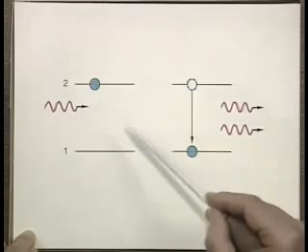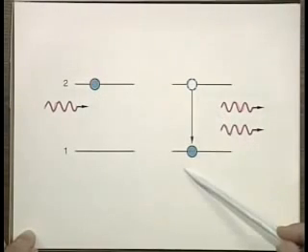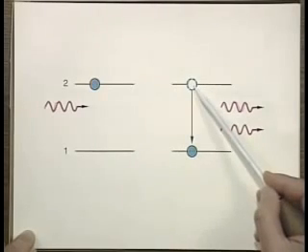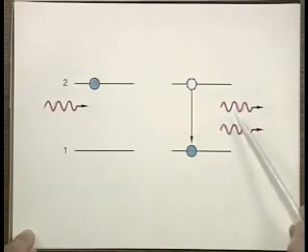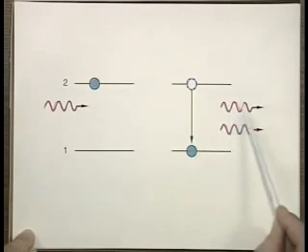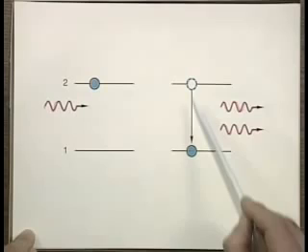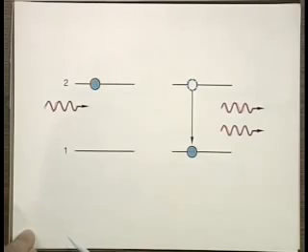But in this particular case, we only have two levels, so the only way for this atom to go is down. Remember, the atom had energy up here. When it comes down, it will release a photon. So this photon is the original photon, and this photon over here is due to the release from this excited atom as it gets pushed by this source.